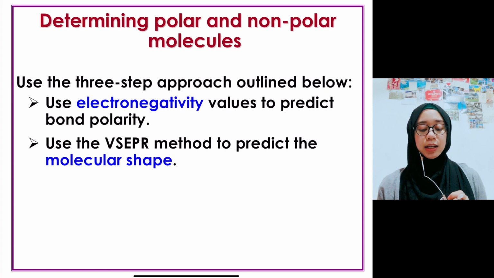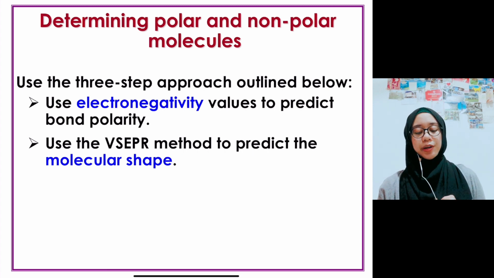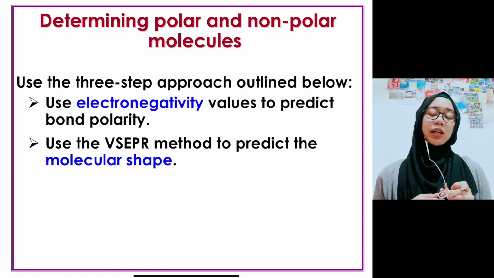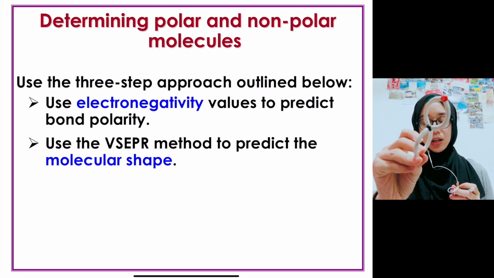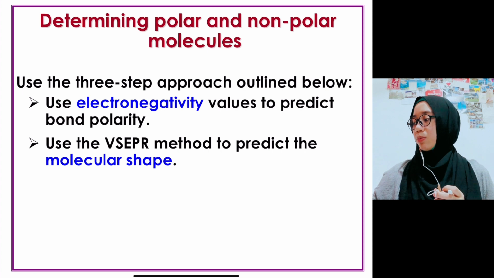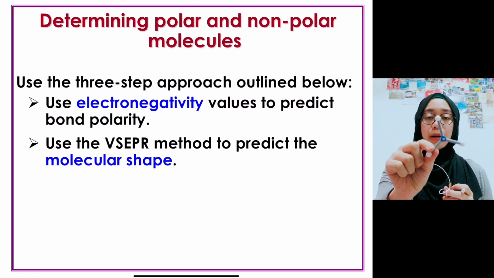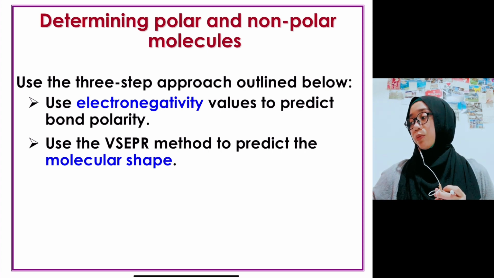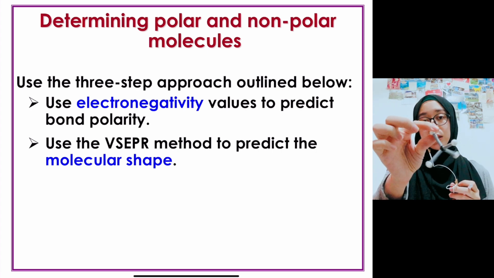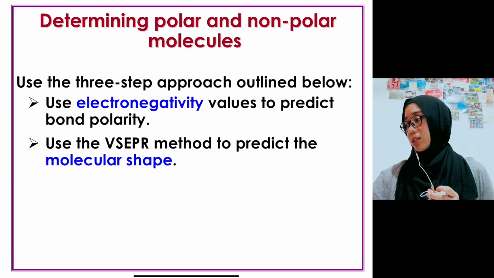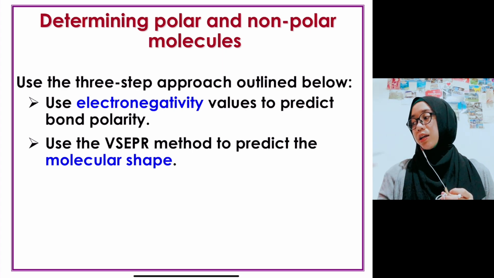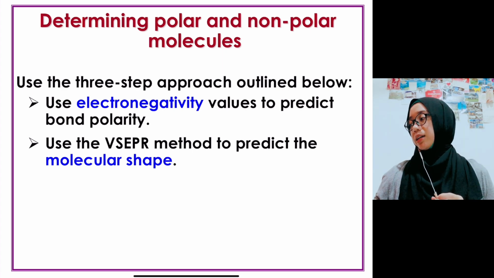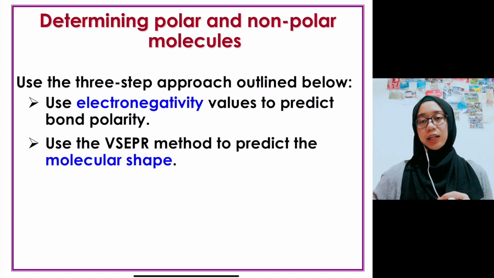And then kita akan guna pula VSEPR method to predict the molecular shape. Okay, so very simple. Kamu dah belajar pasal linear, dan kamu belajar pasal trigonal planar. Okay, kamu ada belajar pasal tetrahedral, dan kamu belajar pasal trigonal bipyramidal, dan kamu belajar juga pasal octahedral.